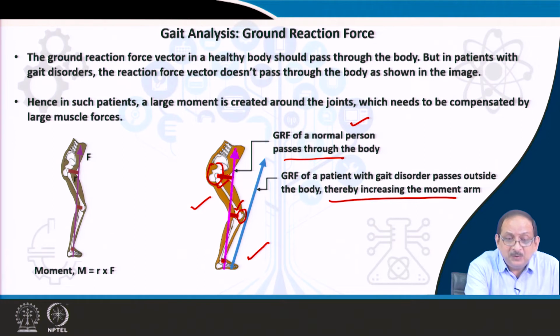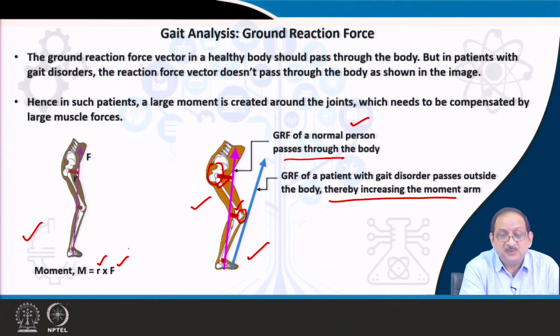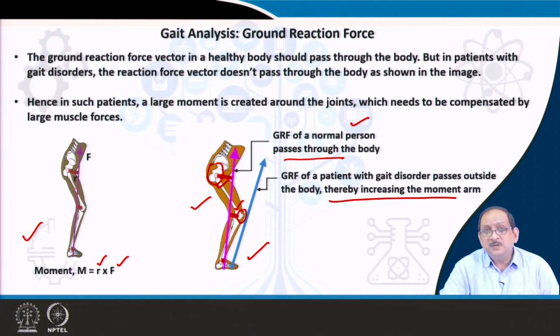Generally, if you look in the figure towards the right, the moment is calculated as a cross product of the moment arm and the force vector. So, the moment arm plays an important role in the magnitude of the moment created due to the ground reaction force.